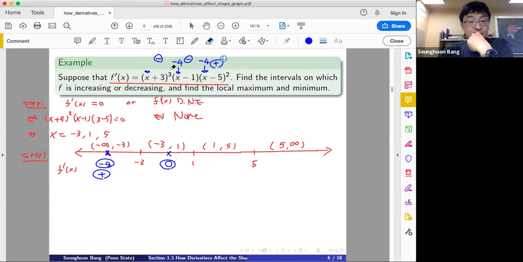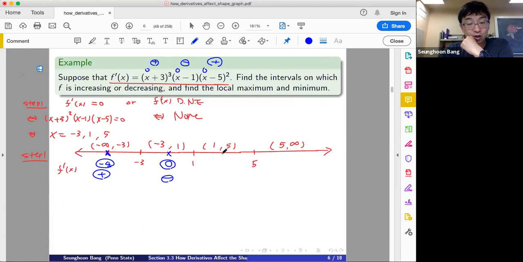Positive or negative? You can plug 0 into x. 0 plus 3 is positive. 0 minus 1 is negative. 0 minus 5 is negative 5, and negative 5 squared is positive. We have only one negative number, so yes, this is negative.